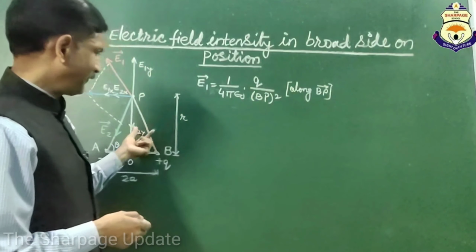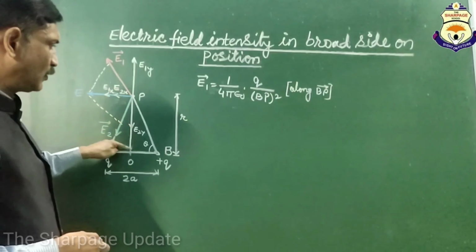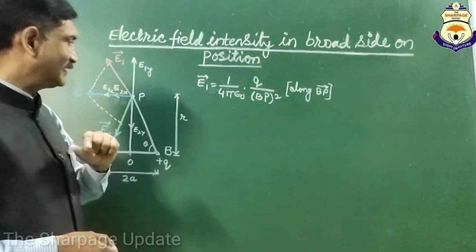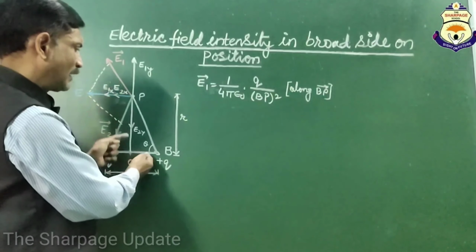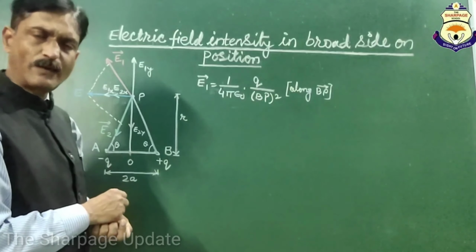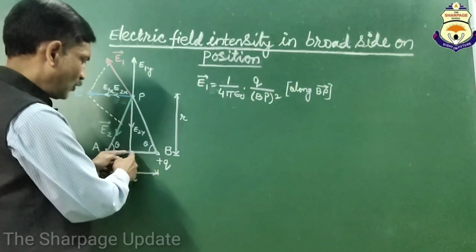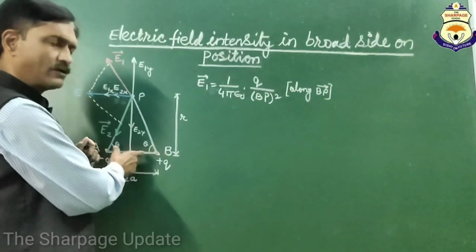Now you can see by this figure, for the value of BP square, in triangle POB, if we use the Pythagoras theorem, then we can say that the distance BP square equals OP square plus BO square. The distance between A and B is 2A, and O is the midpoint of the axis of this electric dipole, means O is the midpoint of AB.